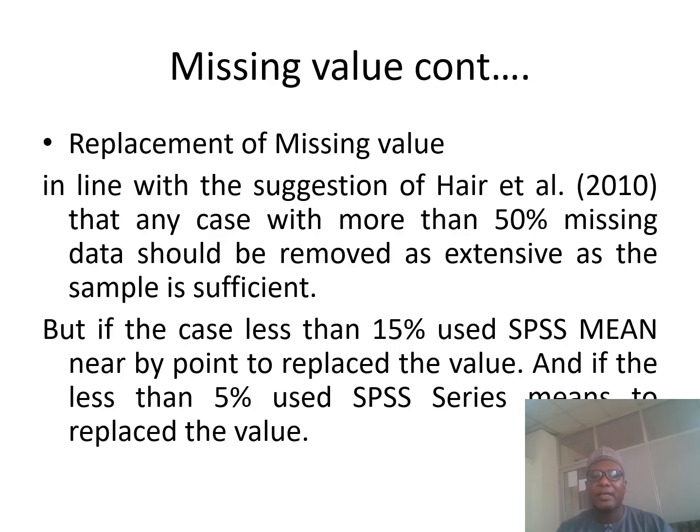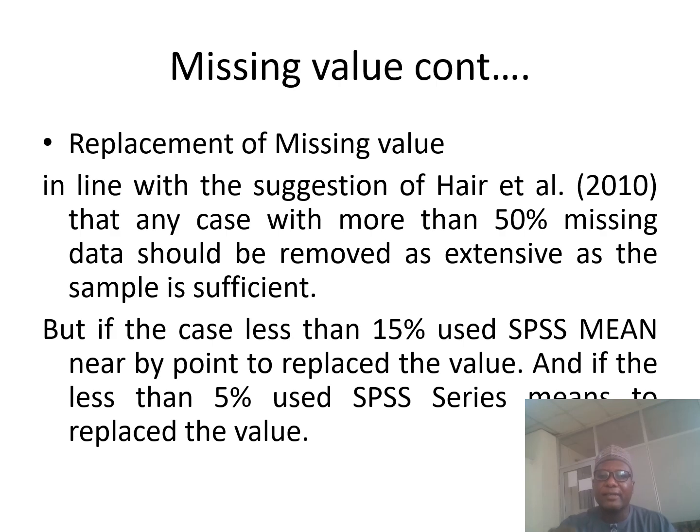In line with Hair et al. 2010, any case with more than 50% missing should be removed, as long as the sample is sufficient. Meaning that if you find a questionnaire where the respondent did not fill in more than 50% of the questions, then automatically that respondent should be removed.